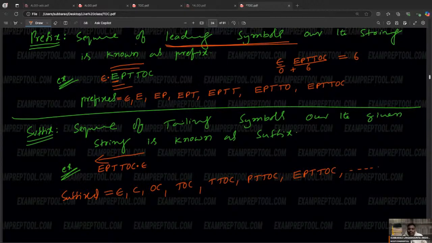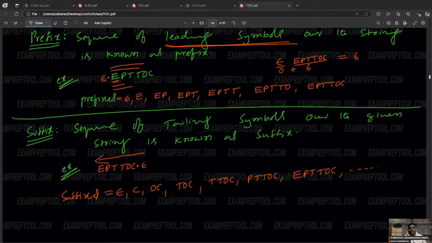One of my friends, I studied in IIT Bombay. One more friend also studied in IIT Bombay. We both studied there, and I think we did a project in TOC, theory of computation. We both liked TOC like anything.